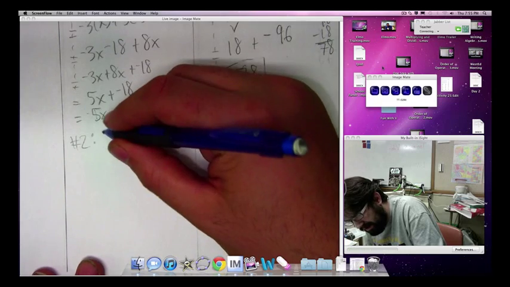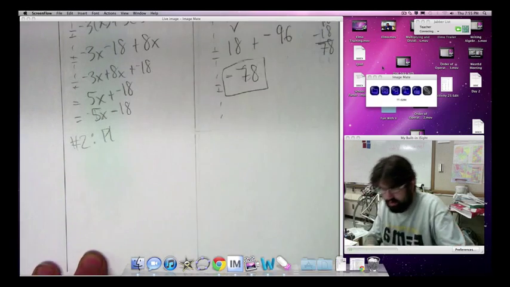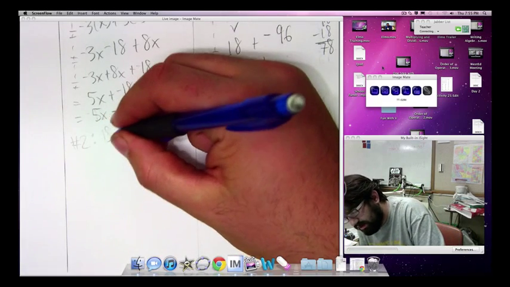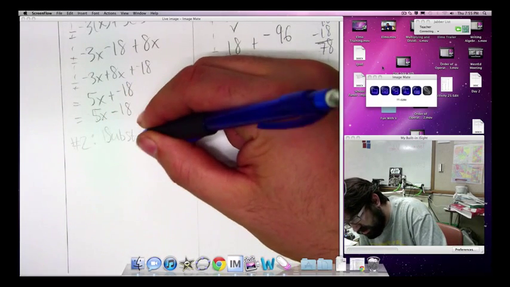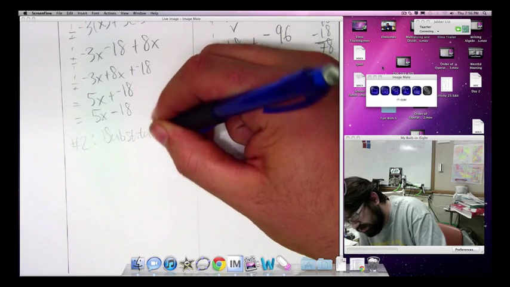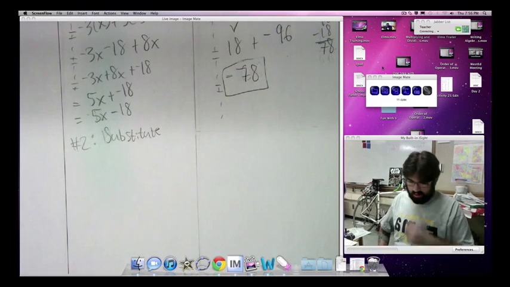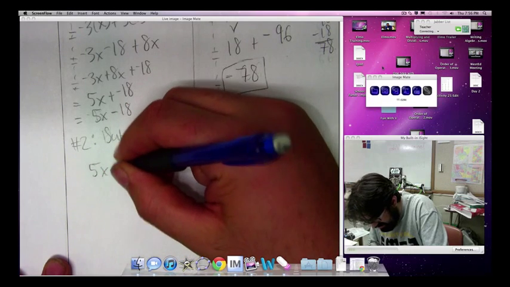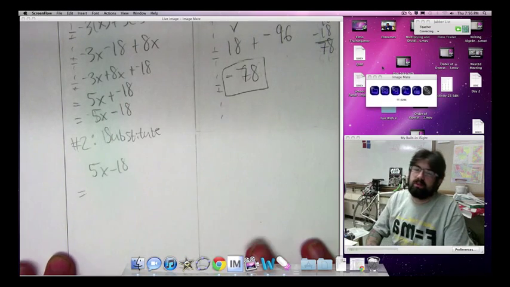I'm going to plug in. Or, well, let's not call it plug-in. Let's actually call it what it is. It's substituting. So I'm substituting 5x minus 18. I'm going to go all the way back up here.